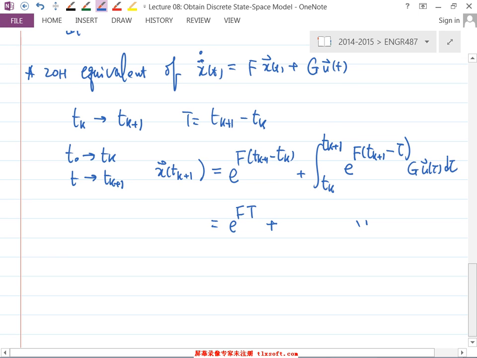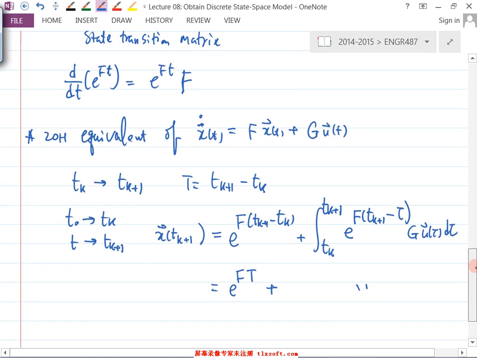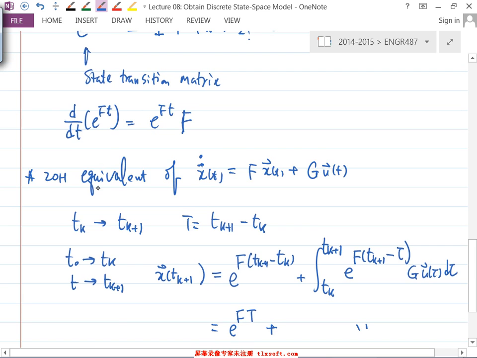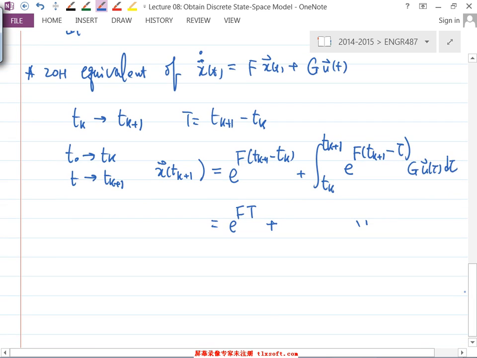Now let's consider the keywords zero order hold equivalent. What does zero order hold equivalent mean? Let's say this is the tk moment, and this is the tk plus 1 moment. During this interval, the control input to the system, does that change?